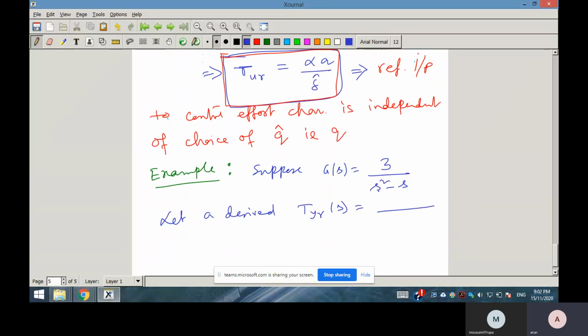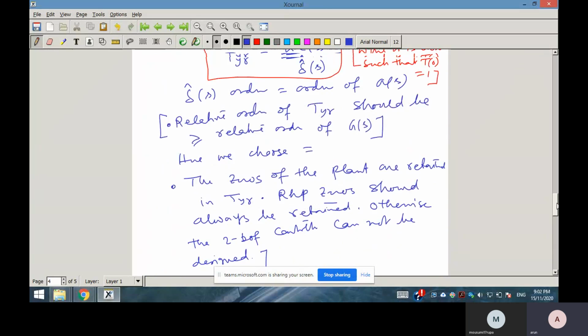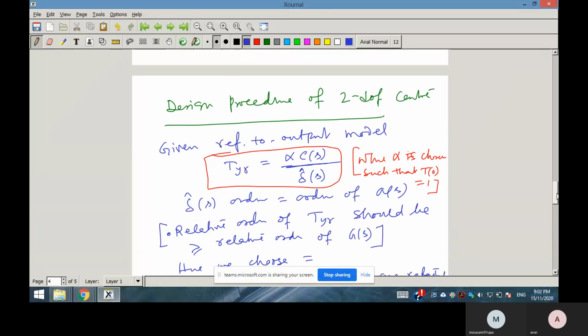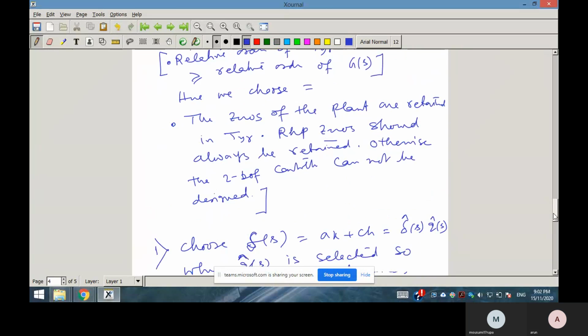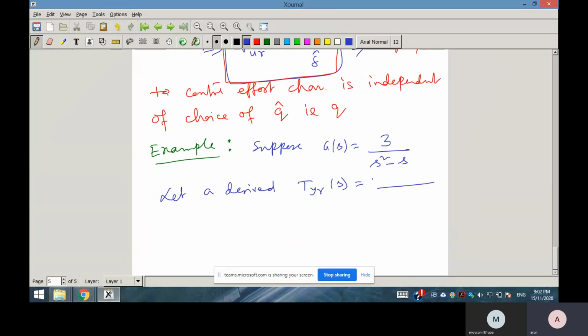As I have said, the minimal order of delta(S) is equal to the order of A(S). So that's why I will keep a second order model, say S squared plus 2.4S plus 2.44.